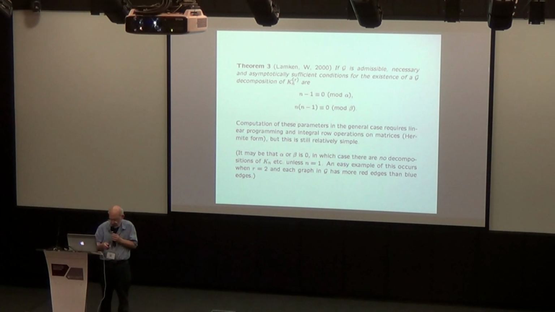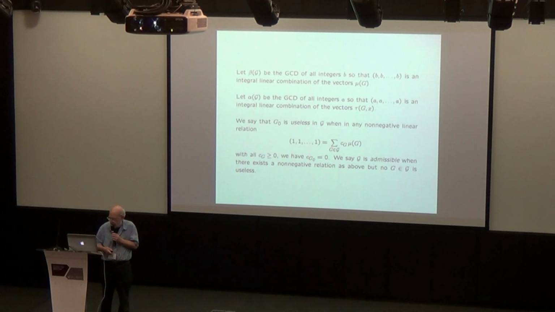So if you start with, let's get rid of those graphs which are unnecessary, and say the family is admissible if it has no graphs that cannot be used here.